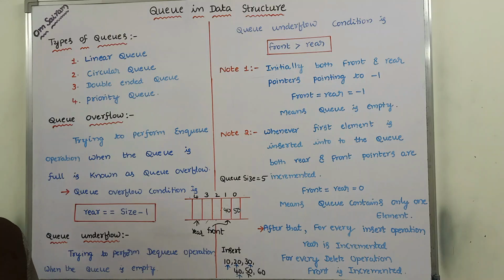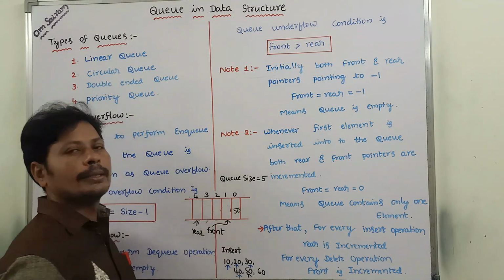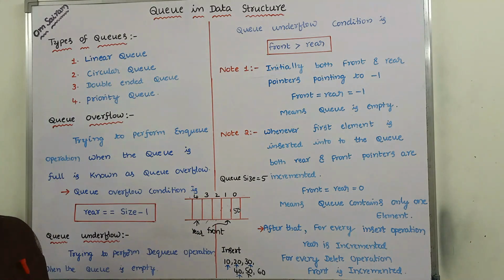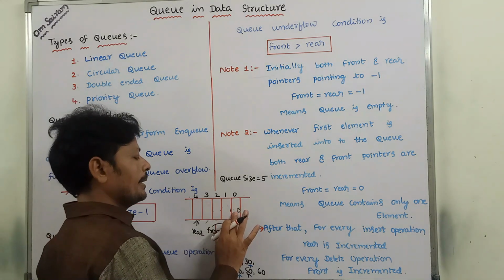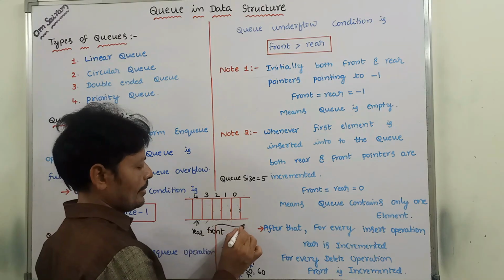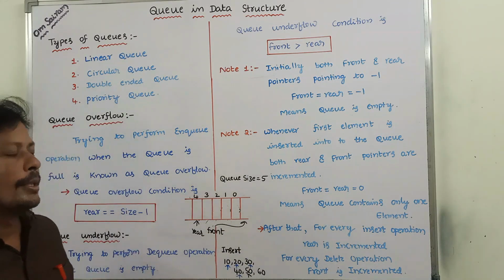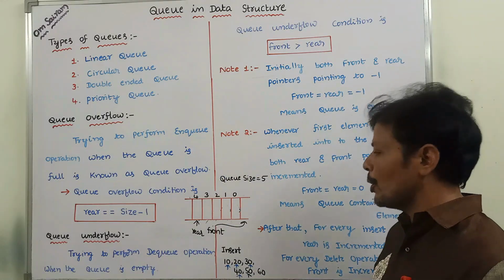Again delete operation, so now 40 is deleted. Again delete operation, 50 is deleted. Okay, so now all the elements are deleted from the queue.